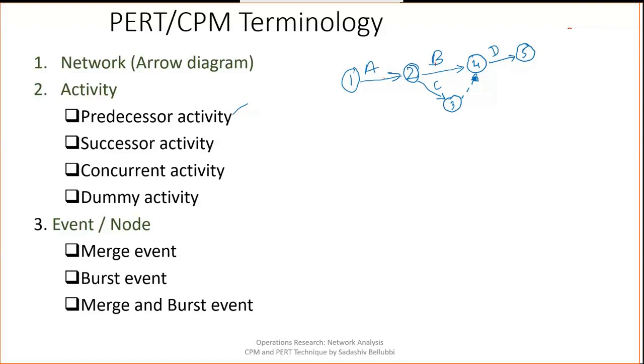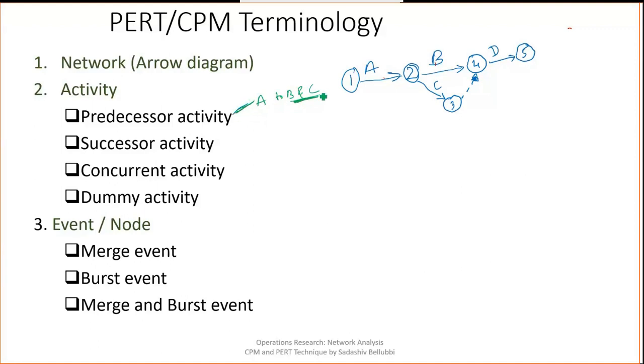In the diagram, A is a predecessor activity to B and C, because if you want to start with B and C activity, A has to be finished. So that's why A is the predecessor activity to B and C.